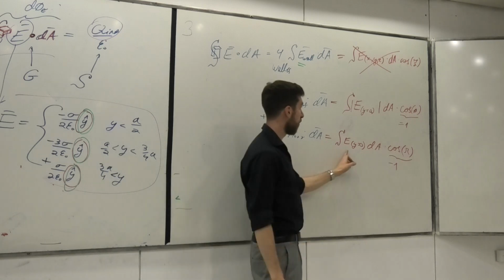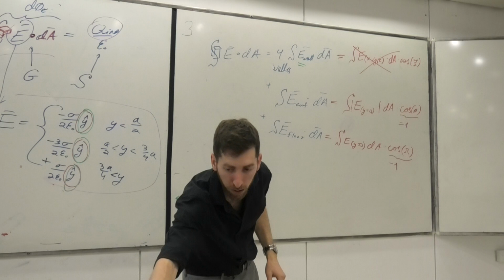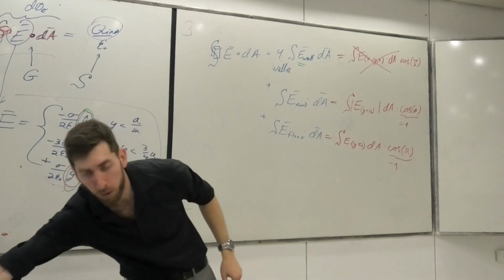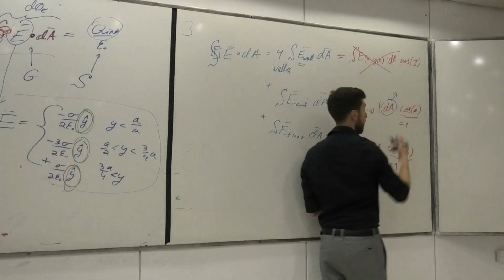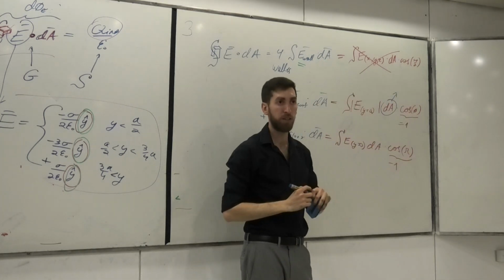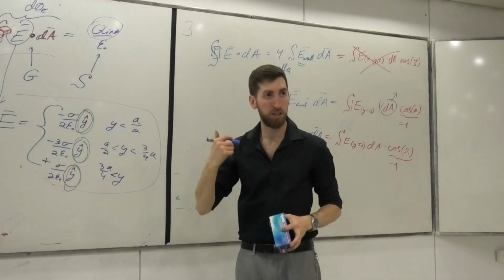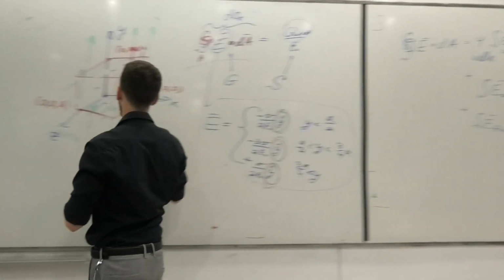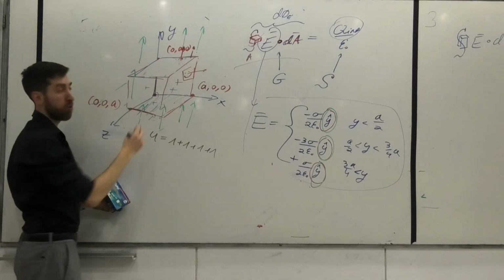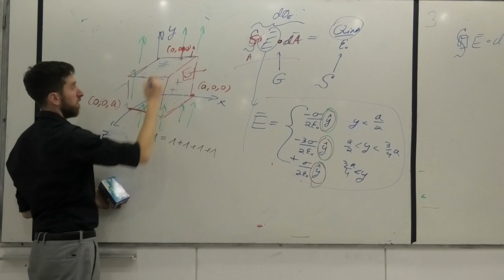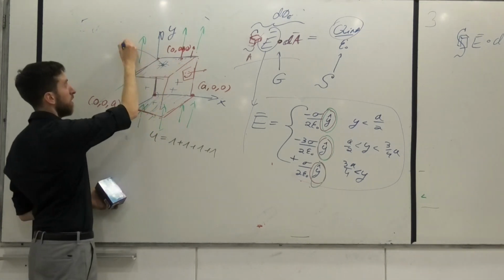So what can we do with these constants? What is this dA, actually? What represents the roof? The side square. If I have this box and I want to discretize it into many areas, what is the size of this area?